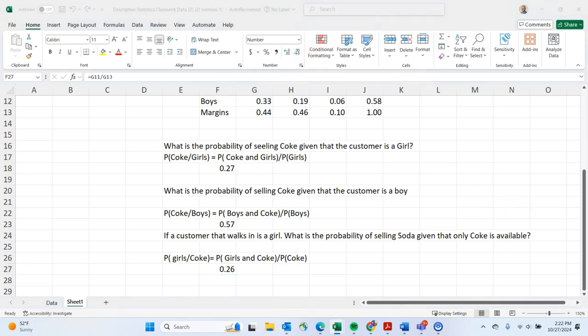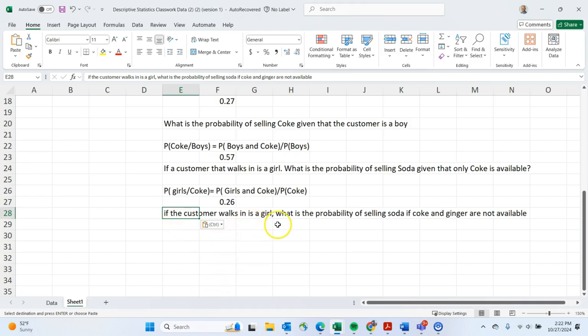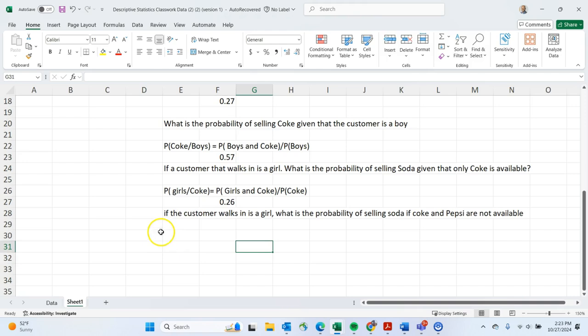So let's consider another example. Let's assume that the customer who walks in is a girl.